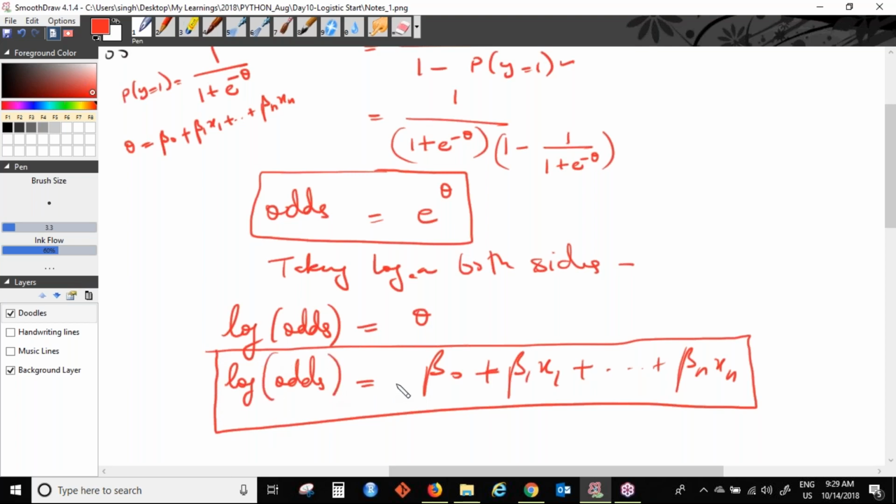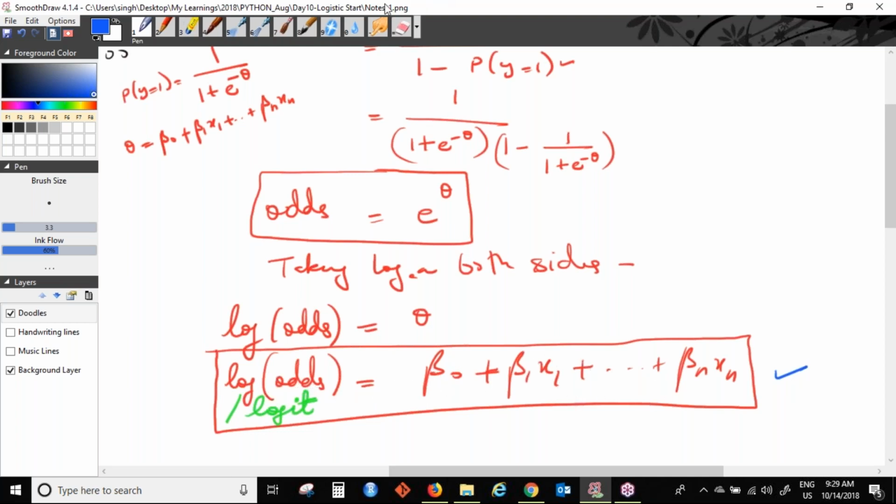Log of odds is also known as logit. So this is another form of writing the equation of logistic regression, where you write log of odds or logit is equal to the linear regression line.